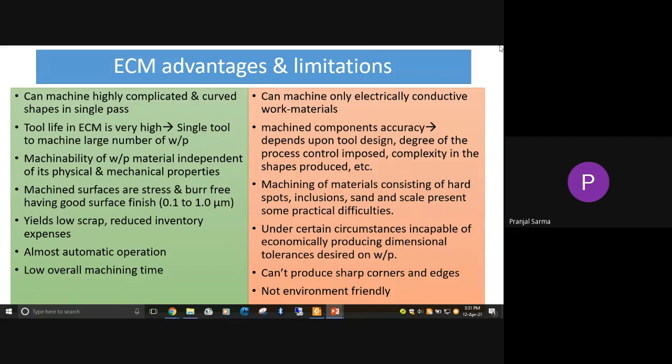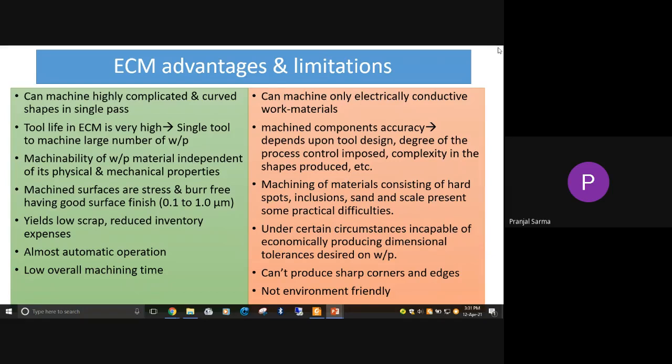A single tool we can use for a large number of uses. And workpiece machinability is independent of its physical and mechanical properties because we are talking about electrolysis here, a chemical process, anodic dissolution only. So even though the material is very hard, it doesn't cause that much problem.